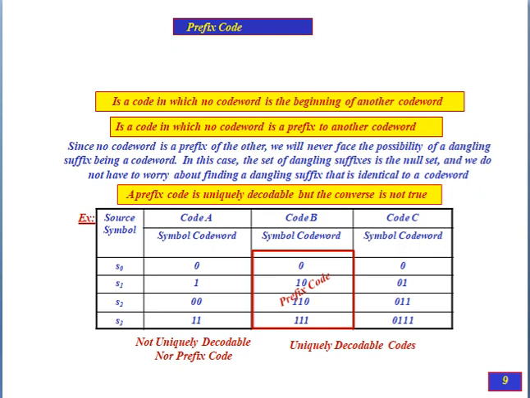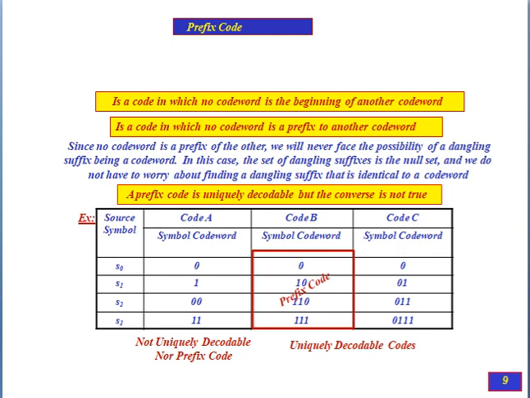Since no code word is a prefix of the other, we will never face the possibility of a dangling suffix being a code word. In this case, the set of dangling suffixes is the null set and we do not have to worry about finding a dangling suffix that is identical to a code word.